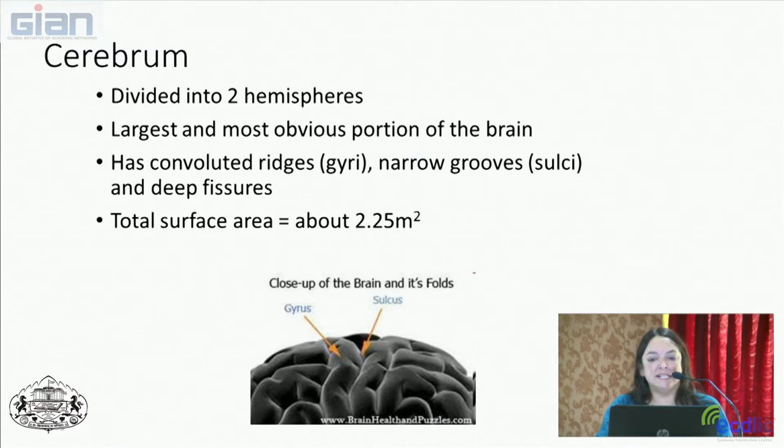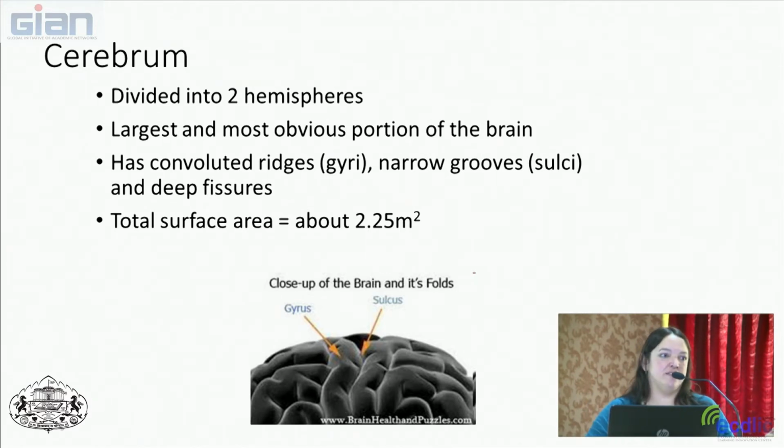And the reason that we have these ridges and grooves is because it's the surface of the brain that is very important. And as you know, if you take something and ball it up like a piece of paper, you can fit much more surface area into a smaller space by crinkling it up and causing it to be folded.